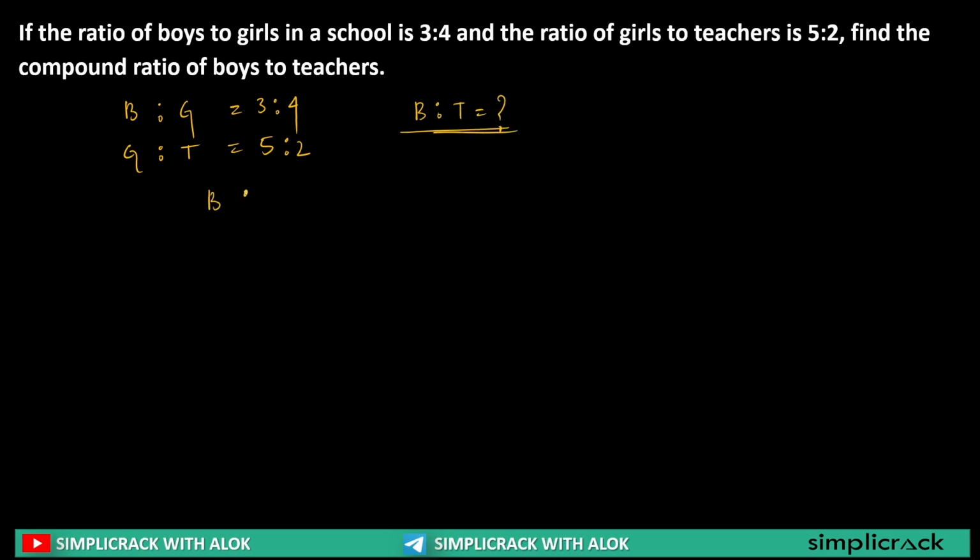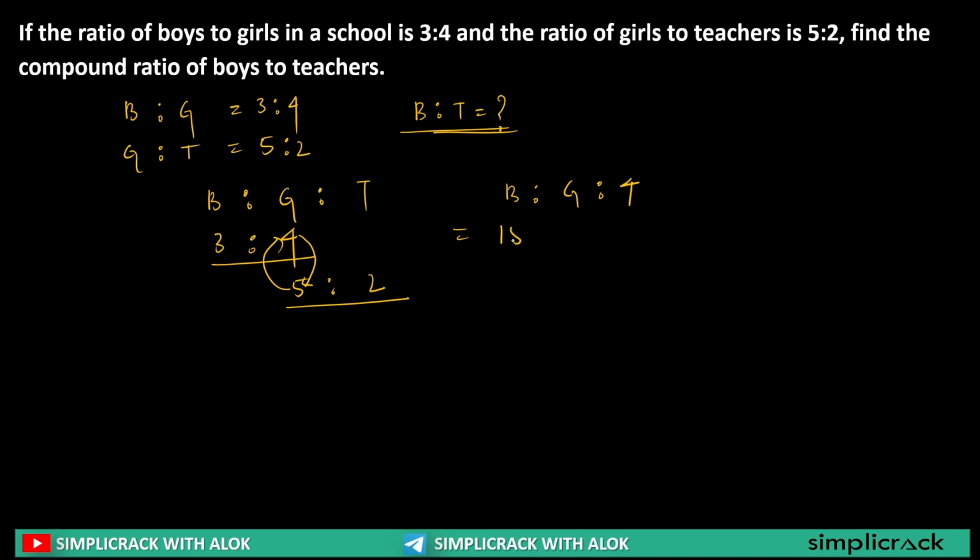Sir, as we know, it should be written like this. Boys is to girls 3:4. Girls to teacher 5:2. So these whole things are not equal. So what I will do, I will multiply 4 with 5 and 5 with 4 to make it equal. So now 5 will be multiplied here, 4 will be multiplied here. So if I multiply 5 into 3, it will be 15.